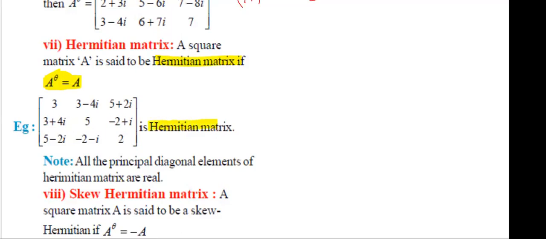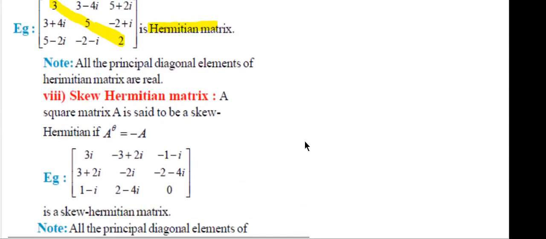Do the conjugate of A and apply the transpose. If you get the same matrix, that is a Hermitian matrix. All the principal diagonal elements of a Hermitian matrix are real. See here, these are the principal diagonal elements. All principal diagonal elements of a Hermitian matrix are real, not complex numbers. The remaining we can expect to be complex numbers.